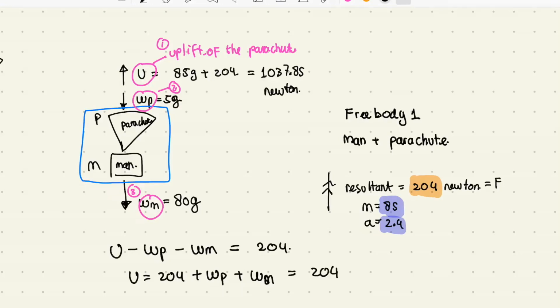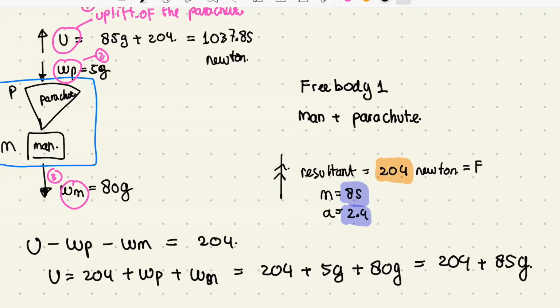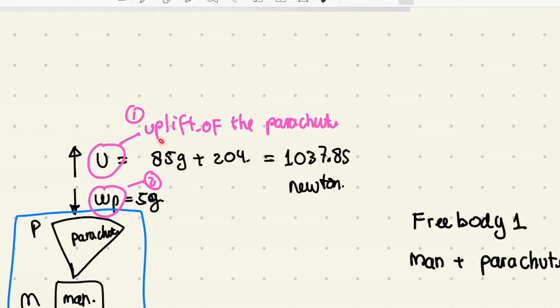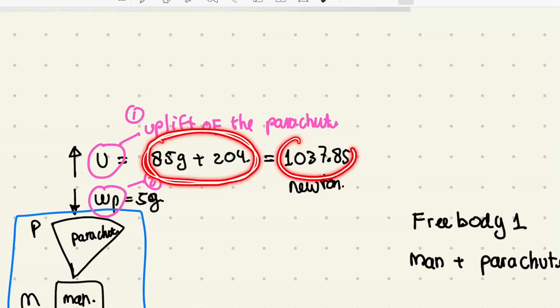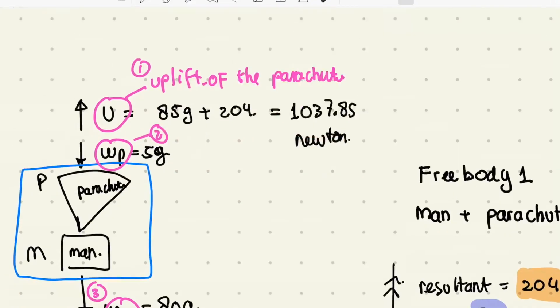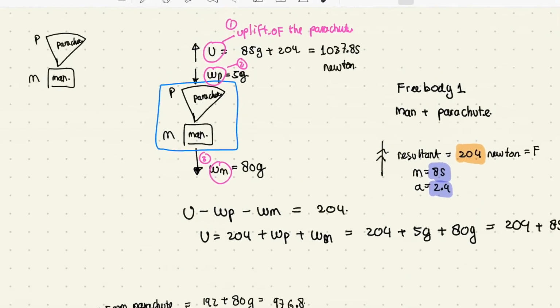Weight of parachute is 5g, and weight of man is 80g. So 204 plus 85g. G is 9.81, of course, right? Then we calculate the uplift. If you press calculator, we get 103.85 Newton.